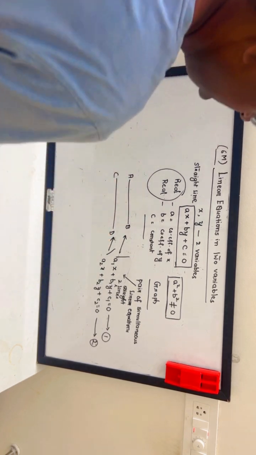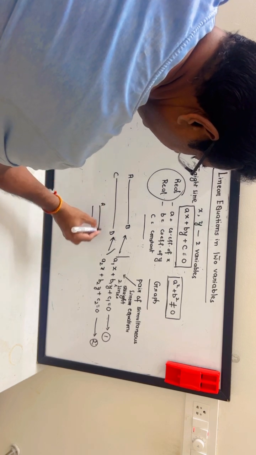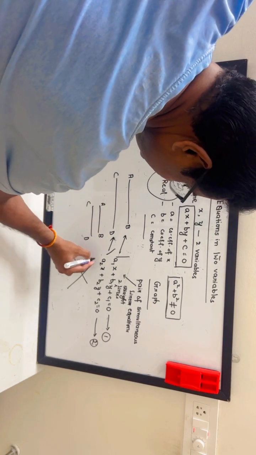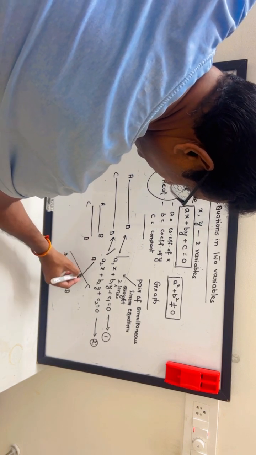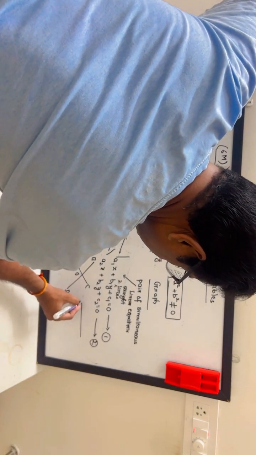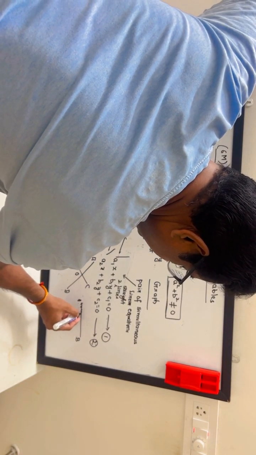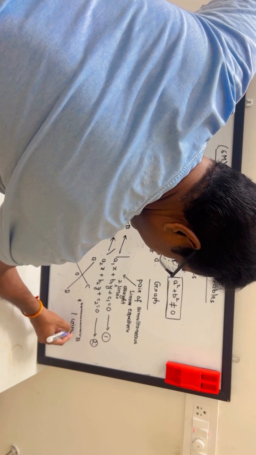These two lines can be either parallel, or they can intersect at some point O, or they can be on the same line. This is AB, coincident. I'm just drawing it in the form of dots.